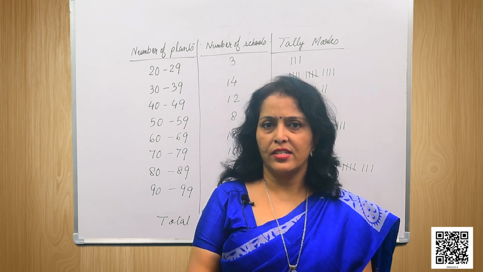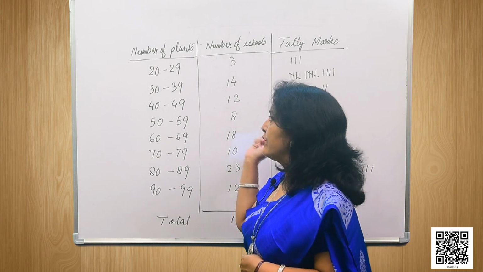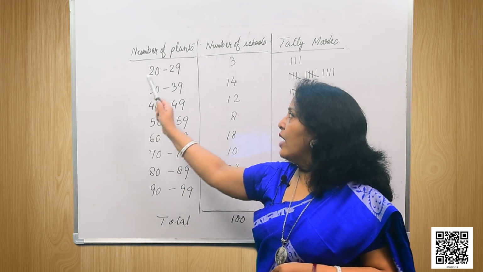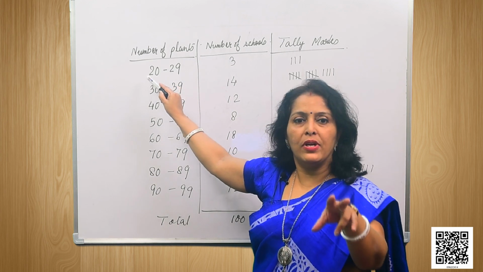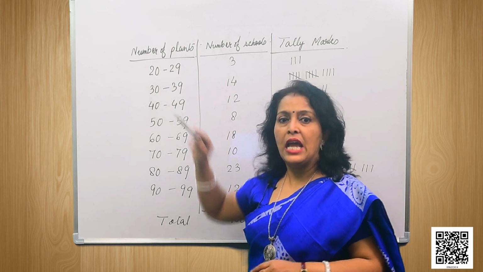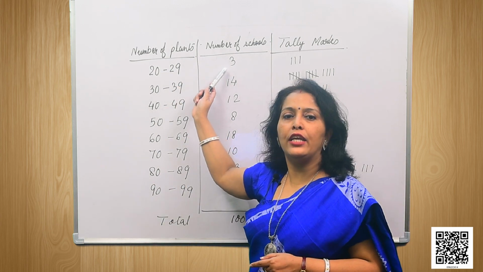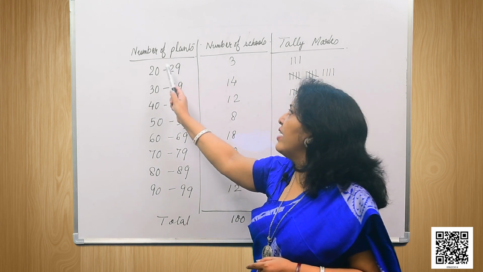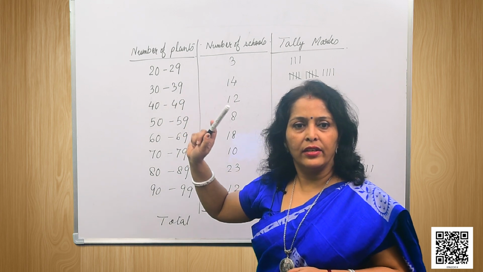With reference to the last example, I have drawn this table of frequency distribution. See here, I have already made the classes in this manner. All the numbers from 20 to 29 are included here, and we found that in this class we have only 3 schools where the number of plants survived is between 20 and 29.